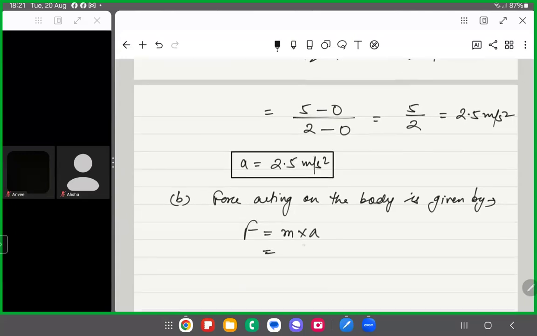Mass is already given, m is 5 kg. This is given in the question. So 5 into acceleration, we have already found it out, 2.5 meter per second square. That will be 12.5 Newton. So the force acting on the body is 12.5 Newton.